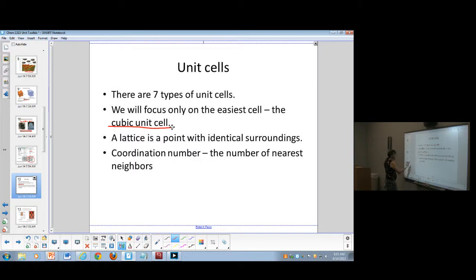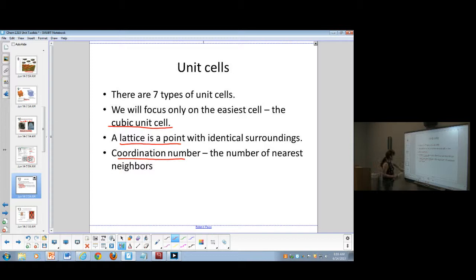So, I guess I'll go ahead and say this. A lattice point is a point in the structure with an identical surrounding, and the coordination number is the number of nearest neighbors, or the number of atoms that an atom is going to be touching.